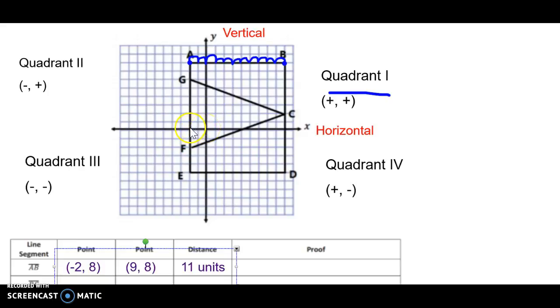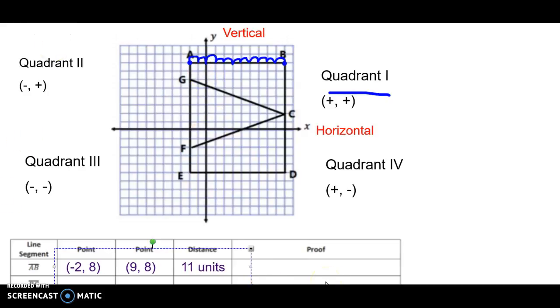Well, if we do our bunny hops to figure that out, it should be only 2 points away from 0. If we're here, how far is it away from 0 on the x-axis? Well, it's 1, 2 points away.